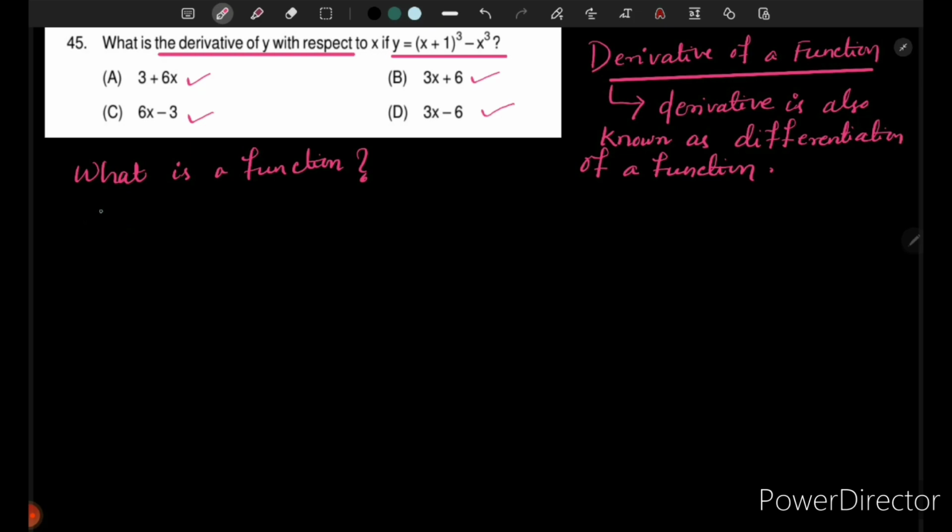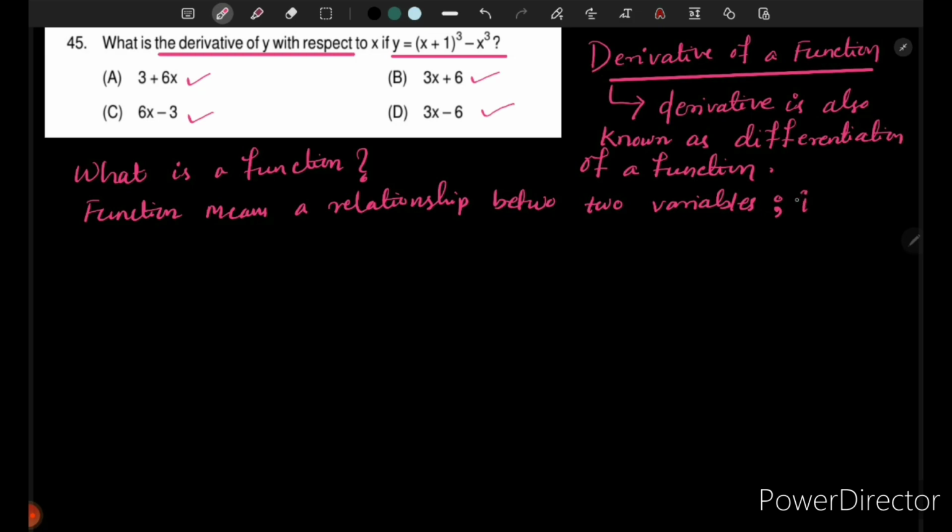So function means a relationship between two variables. One is dependent variable, another is independent variable.